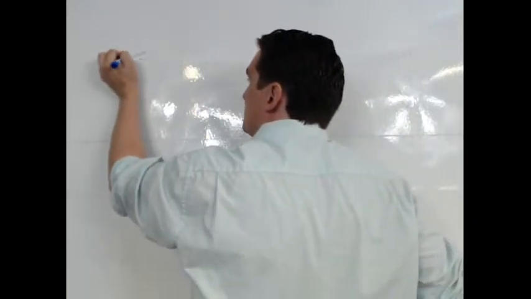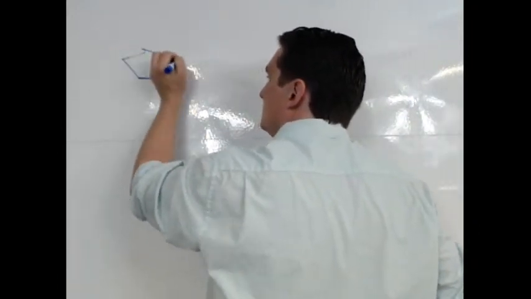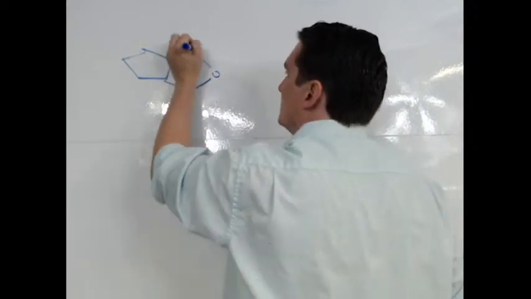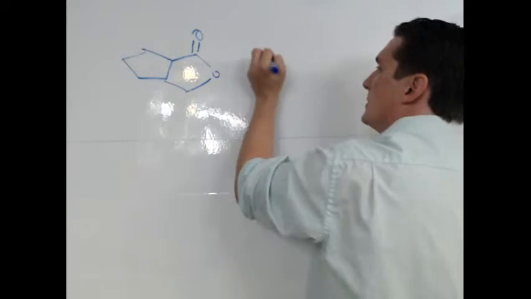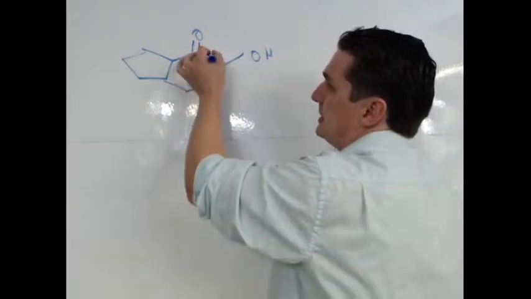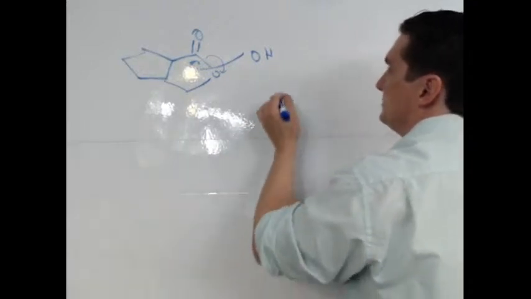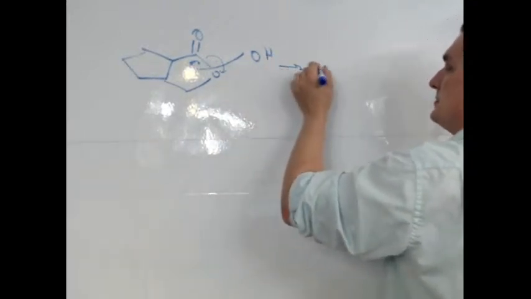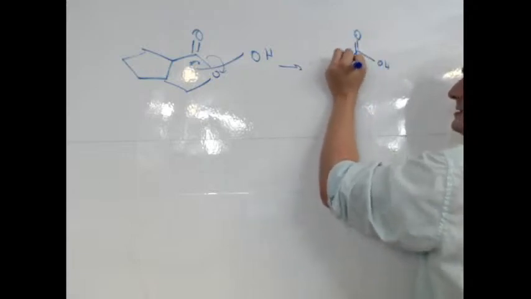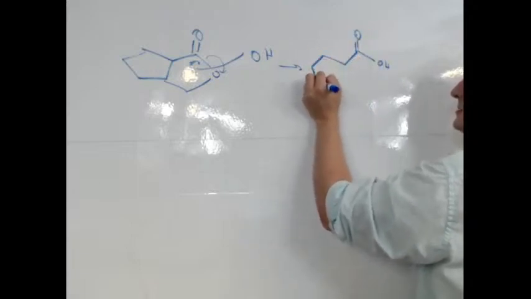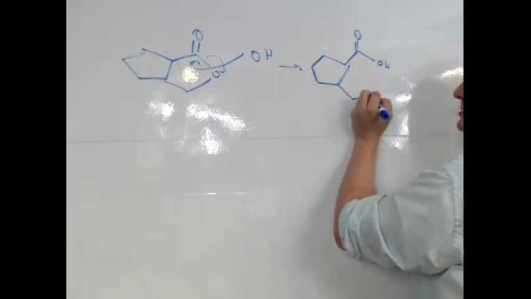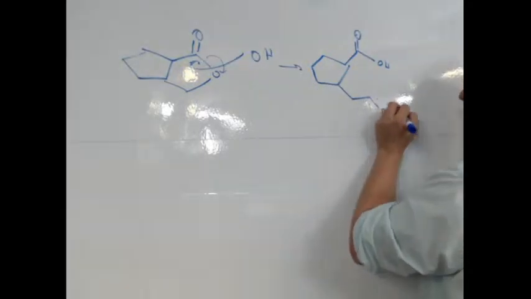So for the saponification of this molecule, 5. We're going to have the hydroxide attack that carbonyl and break the carbon-oxygen bond there. So our first step, first intermediate here, is going to be the carboxylic acid and the alkoxide.